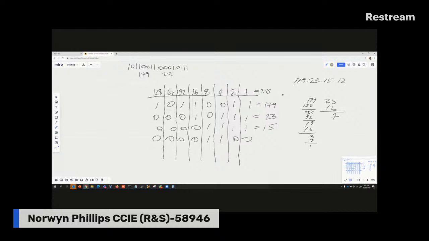And then your 15 is 0, 0, 0, 0, 1, 1, 1, 1. That's your 15. And this one is your 12. That's going to be 0, 0, 0, 0, 1, 1, 0, 0, and that's your 12. So that's what it is, 179, 23, 15, 12.